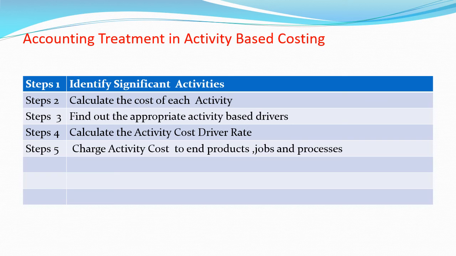And then the last step, fifth, charge activity cost to end product, job and process. Activity cost charged to end product is equal to activity consumed into activity cost driver rate. For example, number of purchase orders for product X and product Y are 10.